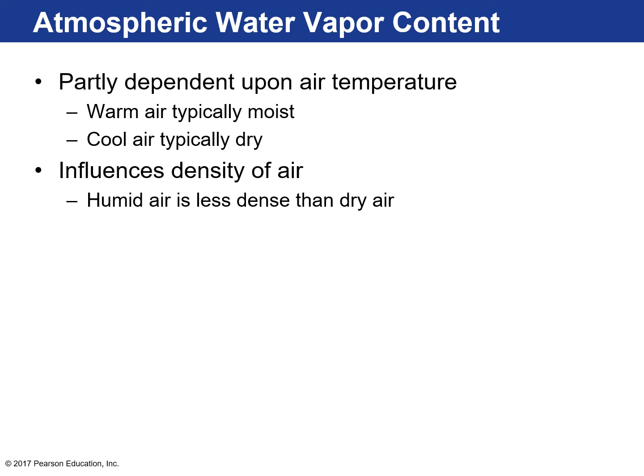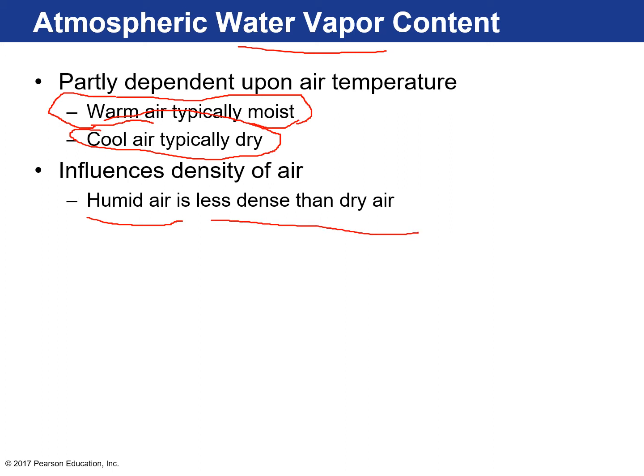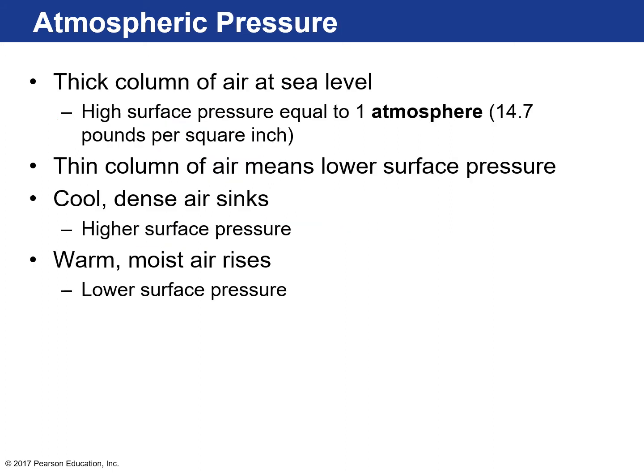Typically, warm air is moist. That's not always the case, but warm air has the potential of holding more moisture than cooler air. So cooler air is typically drier. Humid air is typically less dense than dry air, and that influences the direction of its movement.